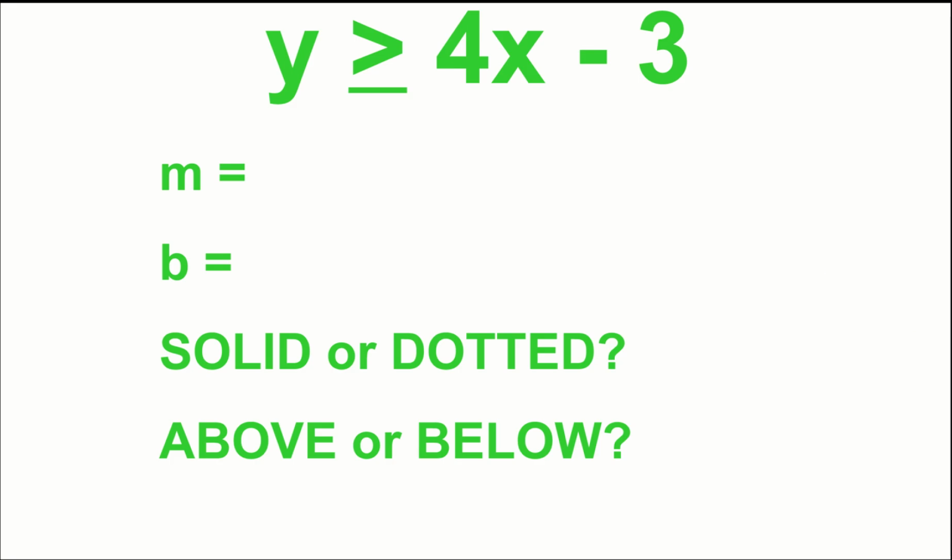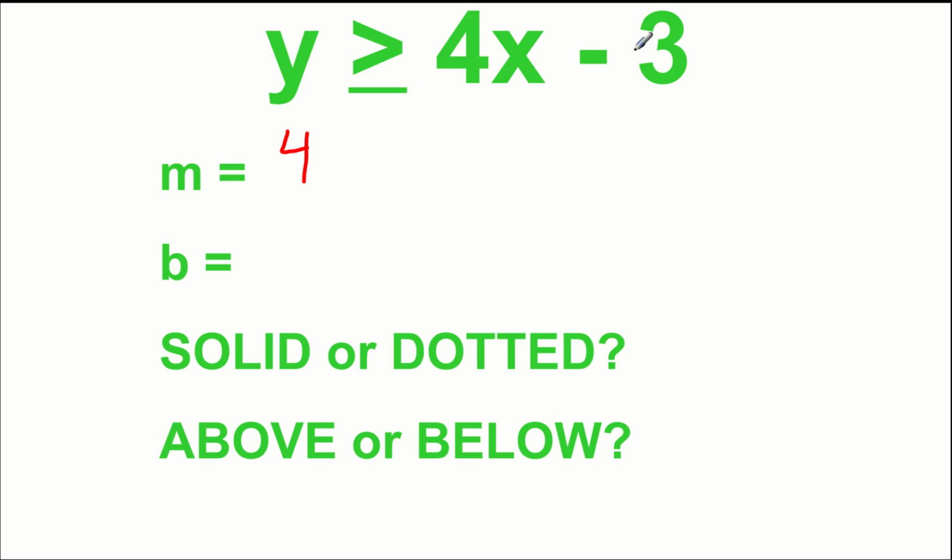So what we have here, if we have an inequality graphed, there are basically 4 things we can use to determine an inequality or how the inequality matches a graph. First thing, slope. In this case, my slope is 4.